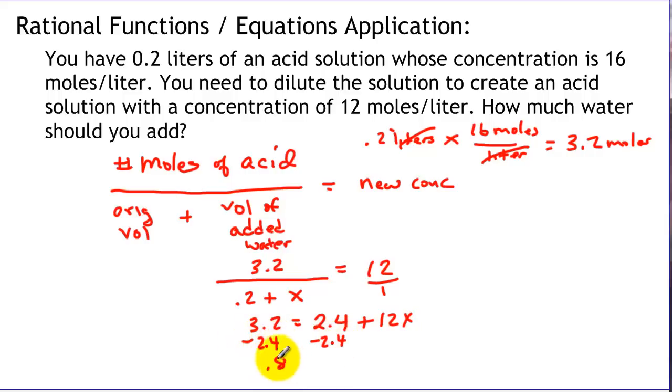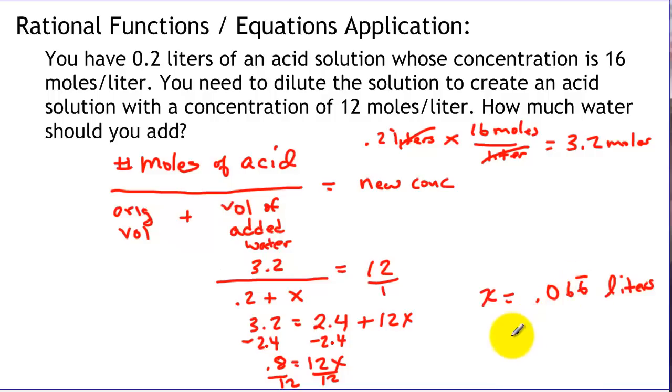So we get 0.8 equals 12x, and if we divide by 12, we get x being, let's see here, 0.066, repeating, and those would be liters because our volume here was liters.